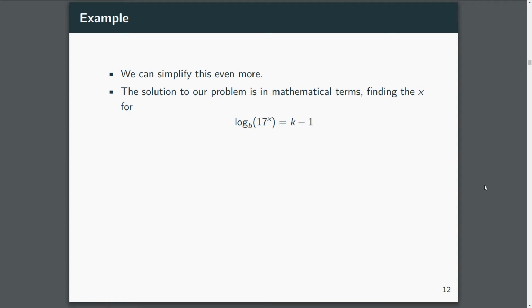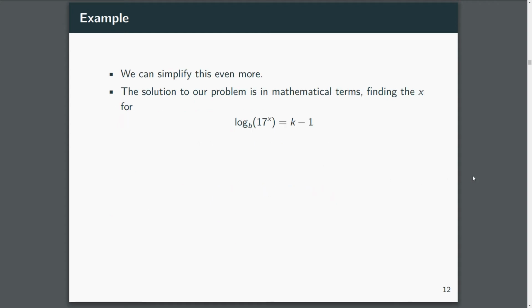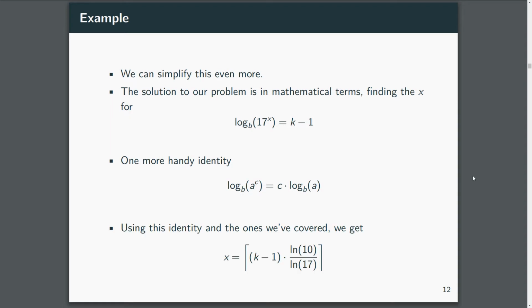So this is just using an iterated version of this rule. And using this identity and what we covered before, we can find that the answer for x is the ceiling of k minus 1 times the natural log of 10 divided by the natural log of 17.